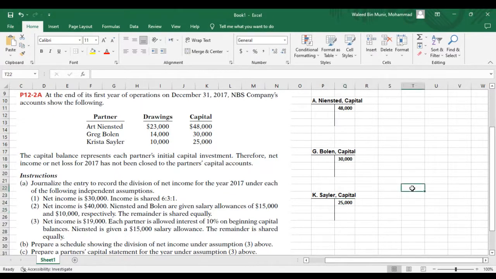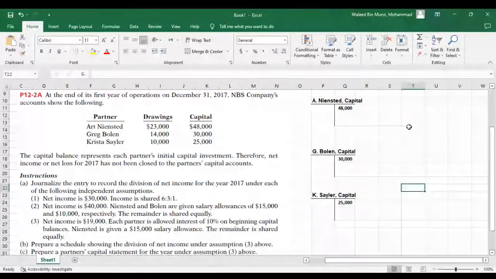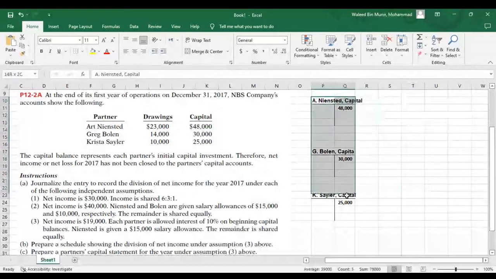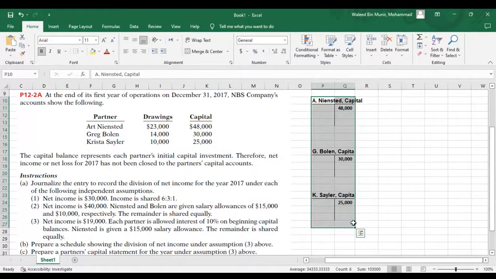What I've done is the same thing that was given, but I wrote it down here in the language of accounting, T accounts. Then they have their drawing account. Similarly, this is their capital account.